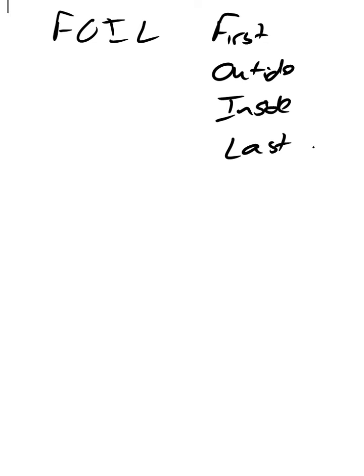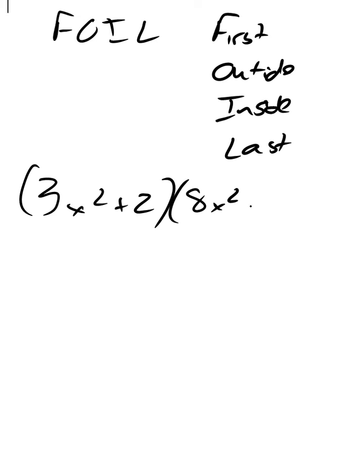So if you have two binomials, let's say we've got 3x squared plus 2 times 8x squared minus 3.